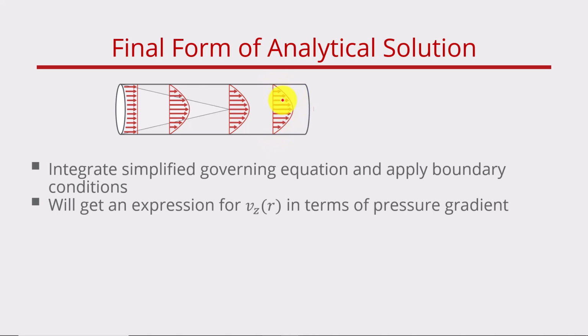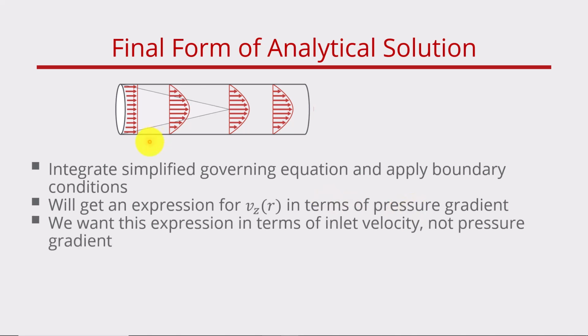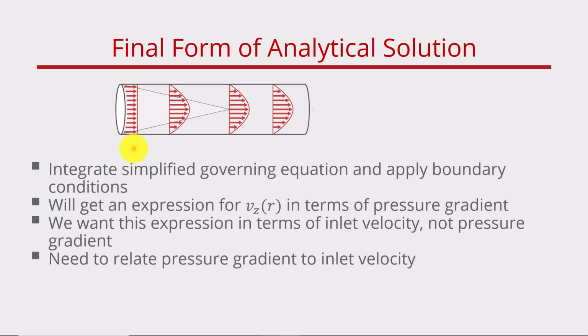You'll basically get an expression for the parabolic variation, but it'll be in terms of the pressure gradient. However, what we know is the inlet velocity from the boundary conditions, not the pressure gradient. The two are related. If I increase the inlet velocity, I'm increasing the pressure gradient. So I want to get the expression in terms of the inlet velocity. How do I do that?